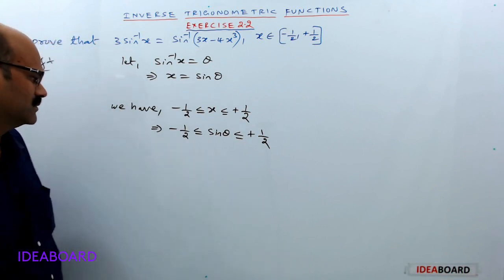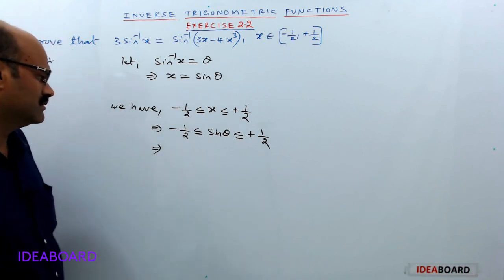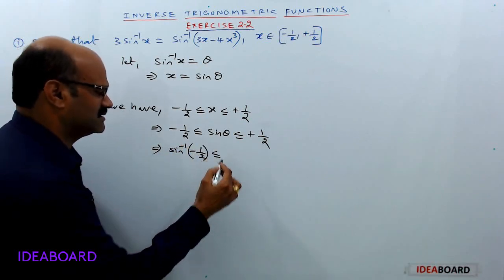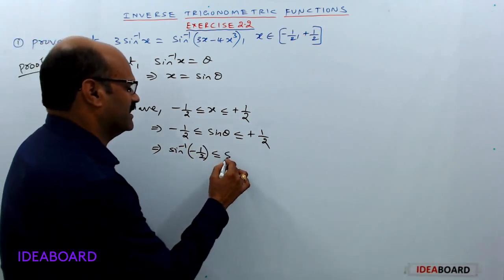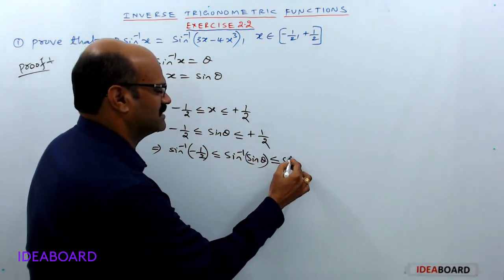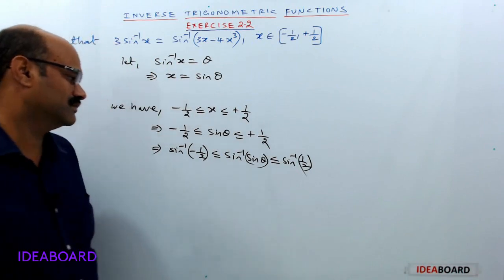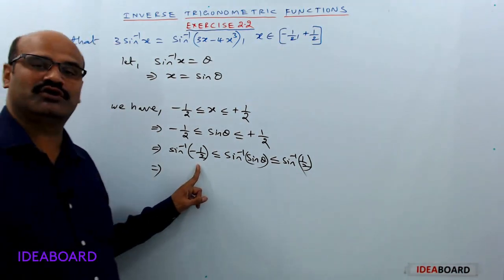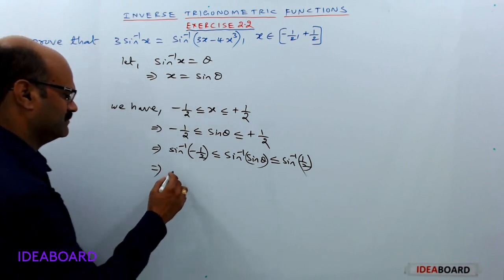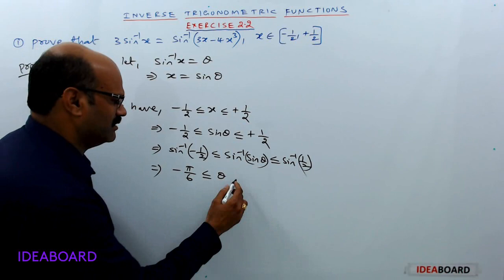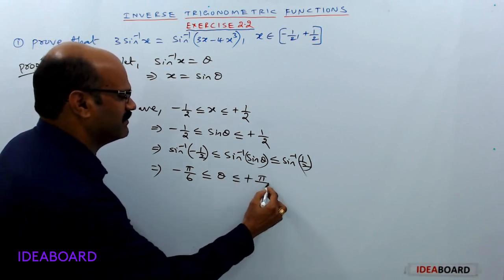Then sin inverse of minus 1 by 2 less than or equal to sin inverse of sin theta less than or equal to sin inverse of 1 by 2. Here sin inverse of minus 1 by 2 equals minus 30 degrees. So minus pi by 6 less than or equal to theta less than or equal to plus pi by 6.